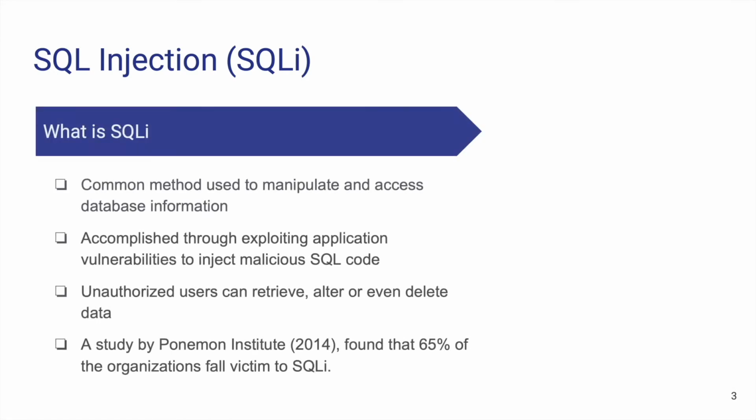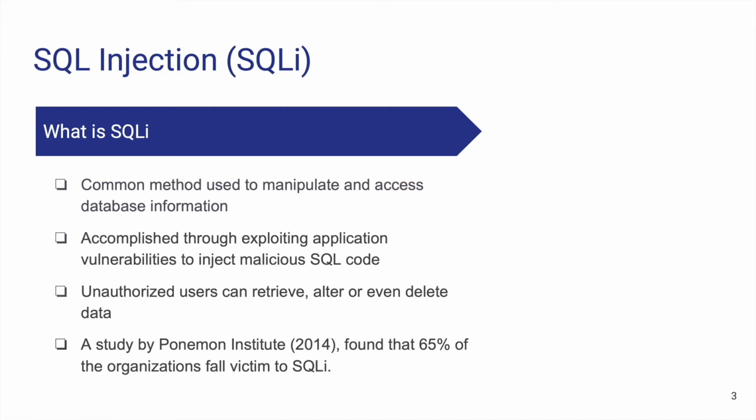SQL injection, sometimes referred to simply as SQLi, is a common method used by attackers to manipulate and access database information that would otherwise not be displayed or provided to the user. This is accomplished by exploiting application bugs or vulnerabilities to inject malicious SQL code that alters the SQL to retrieve or even delete data from the system.